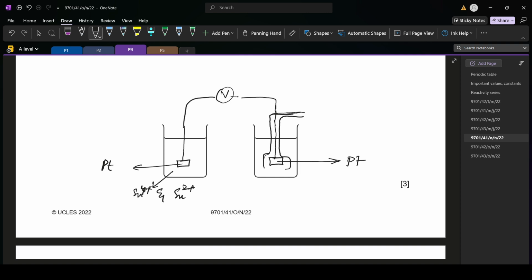We will have a voltmeter over here, and the hydrogen gas will enter the apparatus from here. And there will also be a salt bridge like this. Sorry, my drawing is not accurate, but things are understandable. This is the salt bridge.